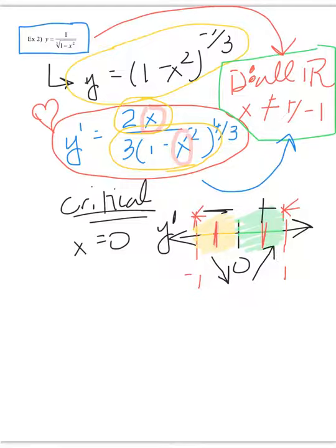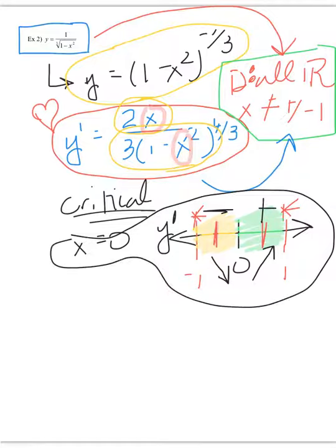So what you need to know in terms of readers when they're looking at your work, any of this work right here is really for your eyes only. And it's going to be really important that we explain what is significant about everything that I put where I analyze the critical point.